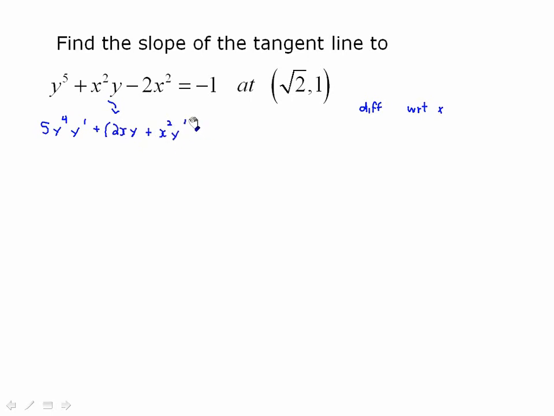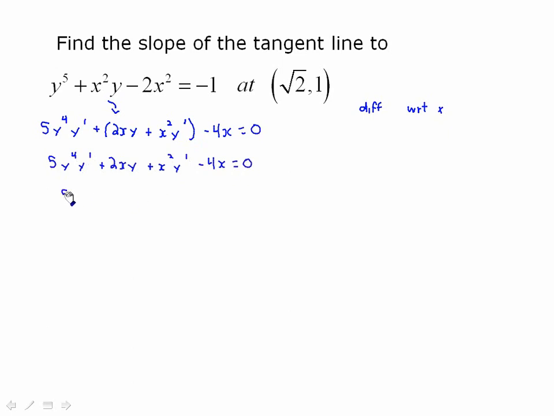So then our attempt to differentiate the y, and then minus 4x is equal to 0. Now that bracket did nothing for us. So 5y to the 4 y prime, I'll rewrite it without the bracket. So x squared y prime minus 4x is equal to 0.